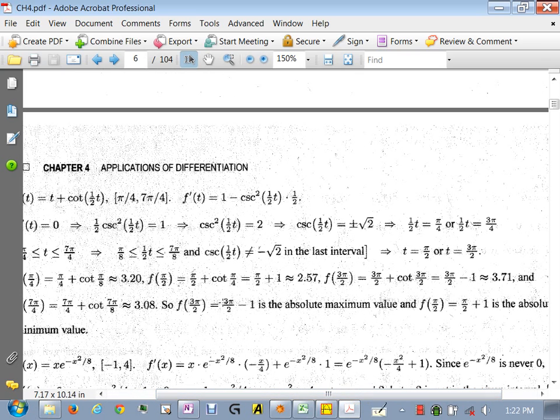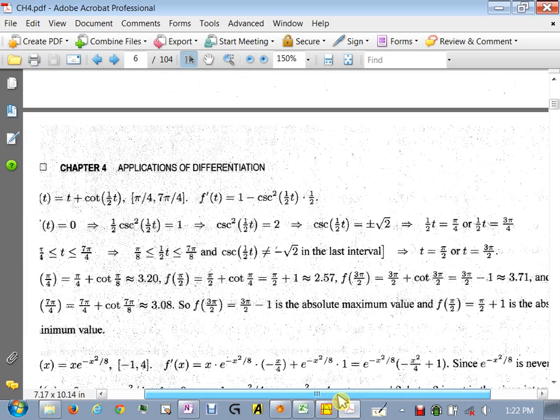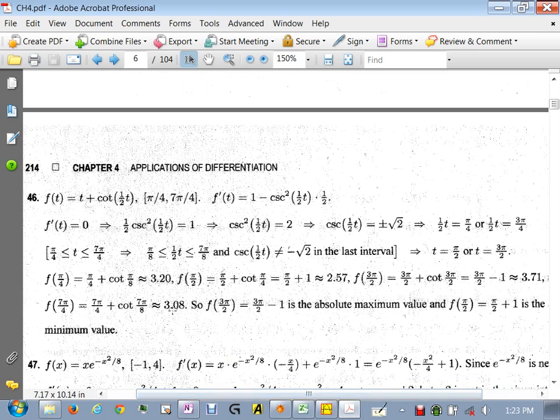Okay, so if you plug in pi over 2, you get about 2.57, yes? If you plug in 3 pi over 2, you get 3.71. Is that what you had? Yes? If you plug in 7 pi over 4, you get about 3.08. Did I miss any of them? Pi over 4, 3.2.